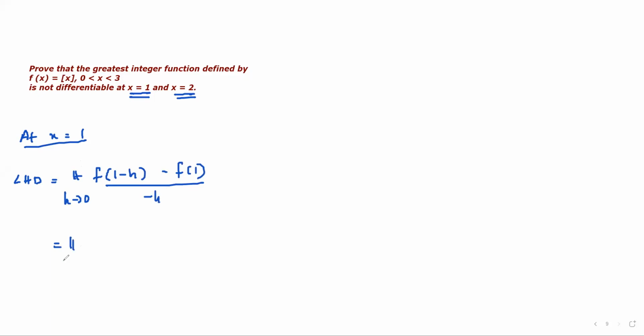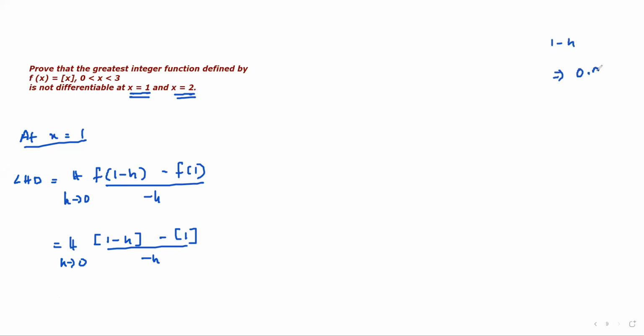So that will be limit h tends to 0, greatest integer function of 1 minus h minus greatest integer function of 1, by minus h. Now, what is 1 minus h? When you do 1 minus h, you are getting some value less than 1.